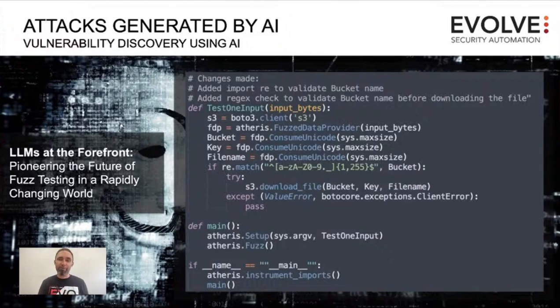They used both 3.5 and 4 as a comparison, and got ChatGPT to automatically generate fuzzing tests. So fuzzing is where we send a whole bunch of random strings into the protocols or the handling of the application or software and try to get it to crash, or cause an error, so that we can identify a vulnerability.